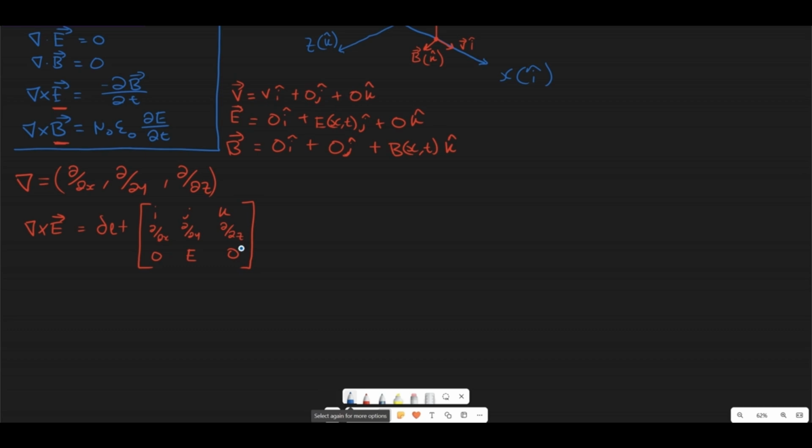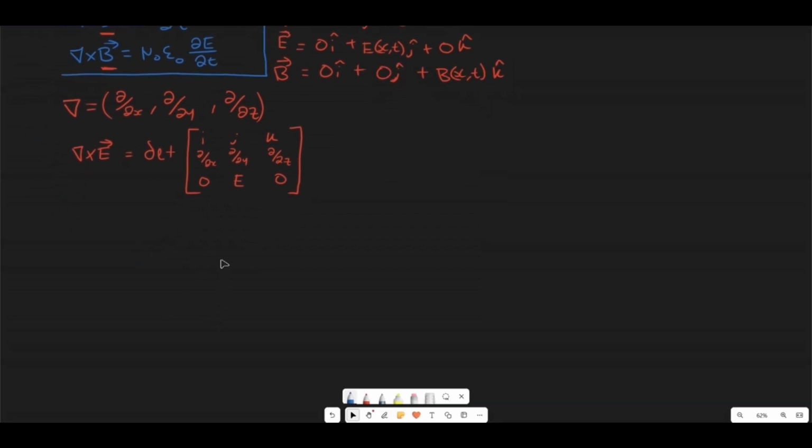And then if we go ahead and compute this determinant, we can just do our usual cofactor expansion. I'm going to block out this column and this row, and then I take the determinant of this. This is 0, the determinant of this, and this one will just become nabla cross E. And the I direction will become partial E by partial Z, E of x, t, in the I direction, so I hat.